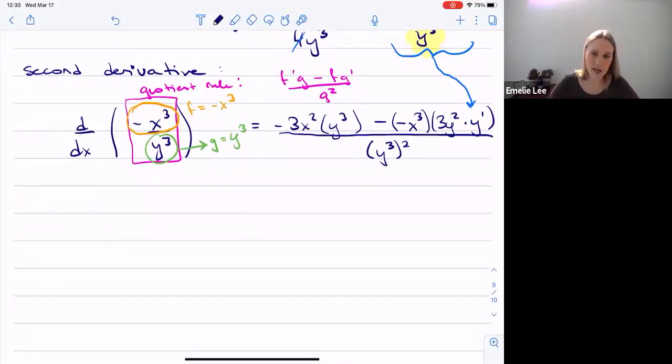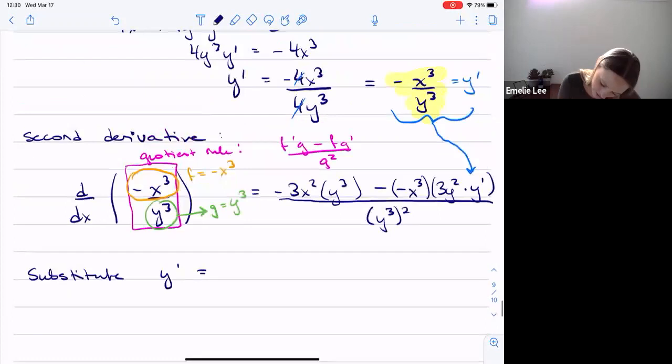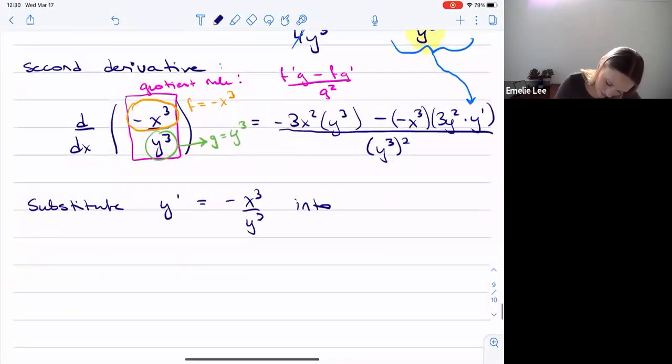Now it's, I want to say, just a matter of simplification. It's going to be a little bit involved, right? But we can do it. Substitute y prime equals negative x to the 3 over y to the 3 into, and I'll call this y double prime.